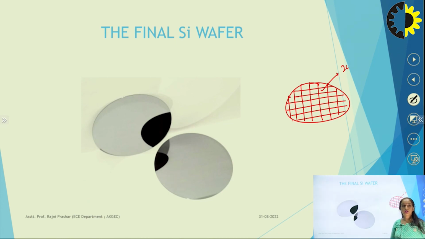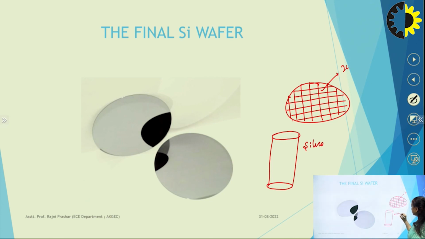In the first unit we have covered what basically silicon is, how the silicon crystal is used to design this wafer, and how the silicon ingot is grown. We initially grow this silicon ingot with the help of the Czochralski method, and that silicon ingot is cut into shapes, and then these wafers are polished.